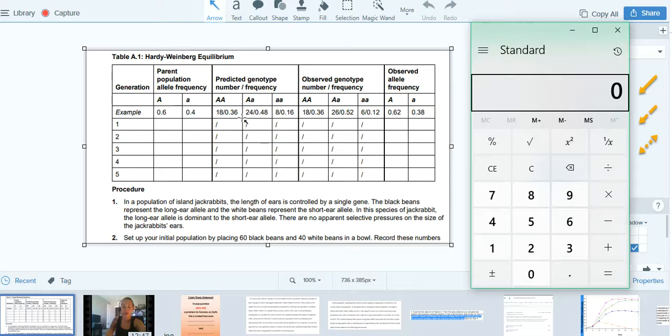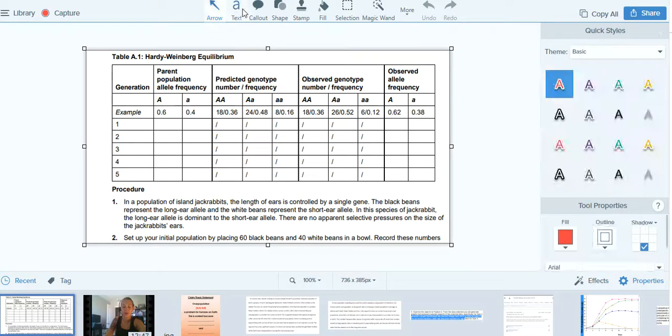So frequency is really easy because we already have the 0.6 allele frequency for our dominant allele. So all I need to do is take 0.6 and square it, right? Remember for Hardy-Weinberg, we have P plus Q equals 1, P squared plus 2PQ plus Q squared equals 1. So those are the numbers that I'm looking at here.